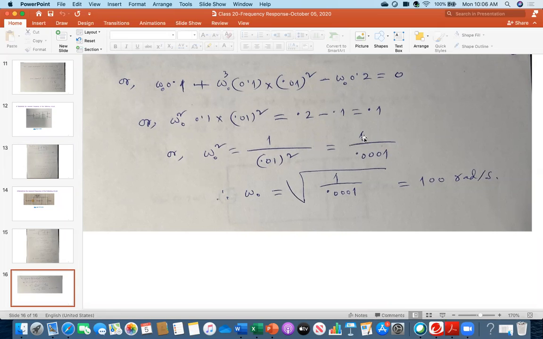You see what I did: the right side is 0.1, and the left side is multiplied by omega naught squared, which was 0.1. So that 0.1 became 1. And then I'm dividing by 0.01 squared, which is 0.001. So this is omega naught squared. So omega naught is the root of 1 over this one. You calculate, and this will be 100 radian per second.